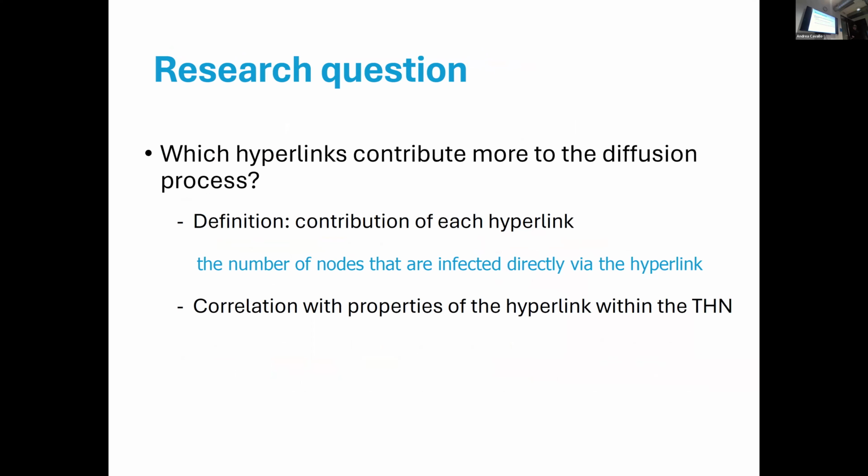We define the contribution of a hyperlink as the number of nodes that are affected directly through that hyperlink. We would also like to know which property of a hyperlink in the temporal high-order network can be used to estimate its contribution. So the next question is which property of a hyperlink correlates most with its contribution.